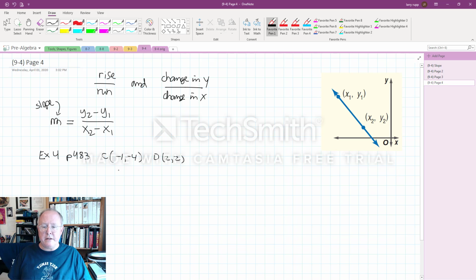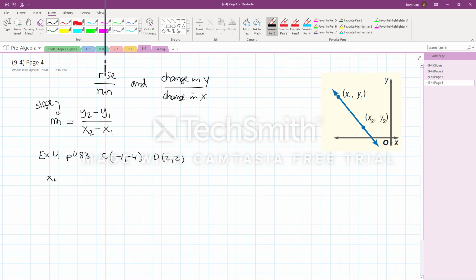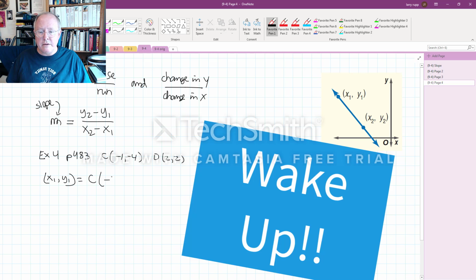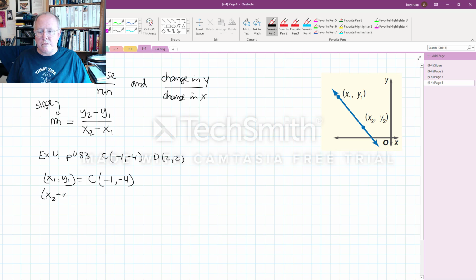All right, now what I recommend that you do is you assign these points to your x1, y1, x2, y2. It will help save time. It will avoid confusion in the future. It's a good habit to get into. Okay, so over here I'm going to put x1, y1 is equal to C, which is -1, -4, and then x2, y2 is equal to point D, which is 2, 2.